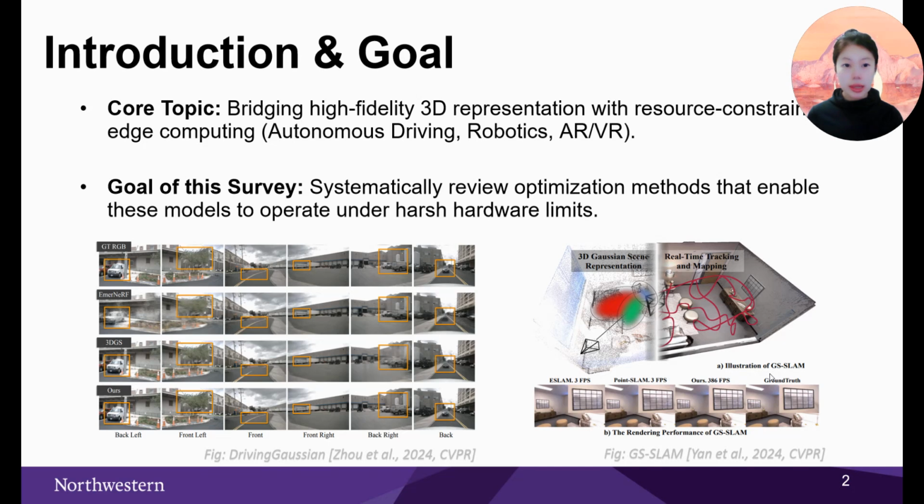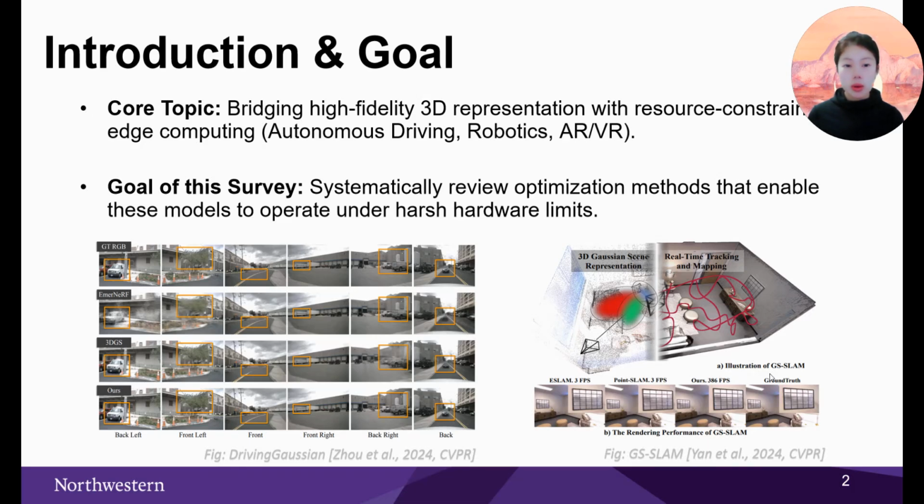Even more recently, another representation called 3D Gaussian splatting, or 3DGS, has emerged. Instead of relying on a neural network, 3DGS uses explicit 3D Gaussian primitives to represent the scene. The key advantage is that it dramatically improves rendering efficiency while still maintaining very high visual fidelity.